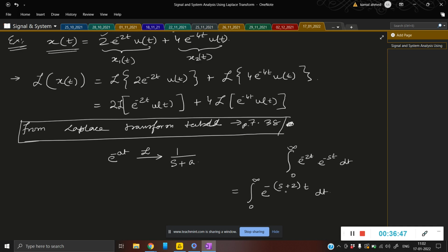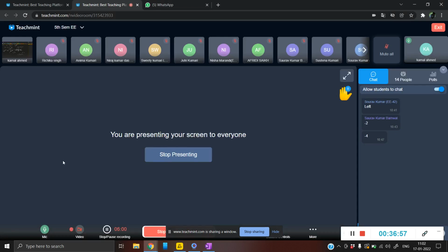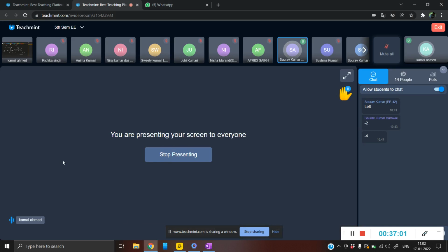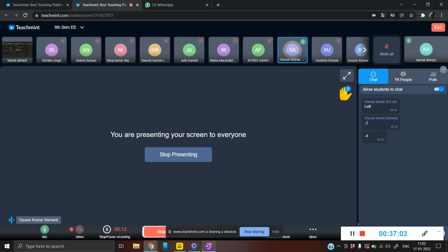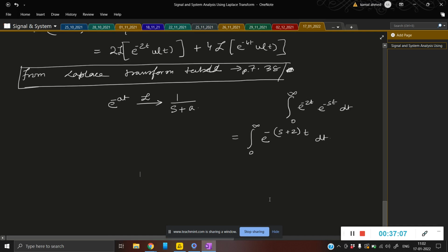What will be the value of the Laplace transform of this? Am I audible? What will be the value? Calculate it. Yes, say it. Sir, 1 by s plus 2. Right.